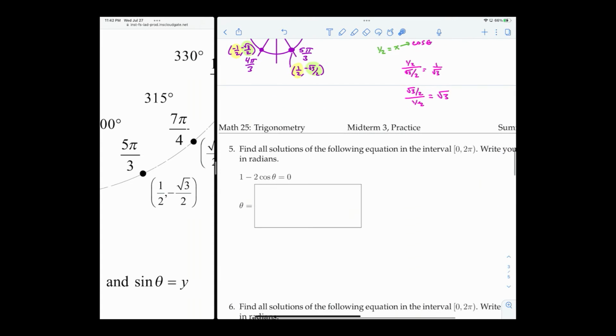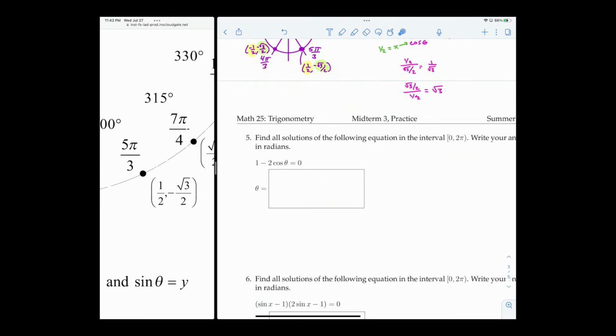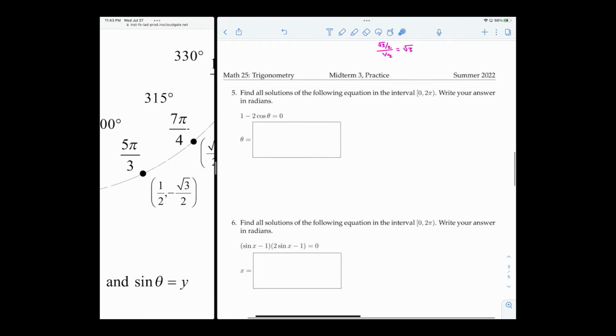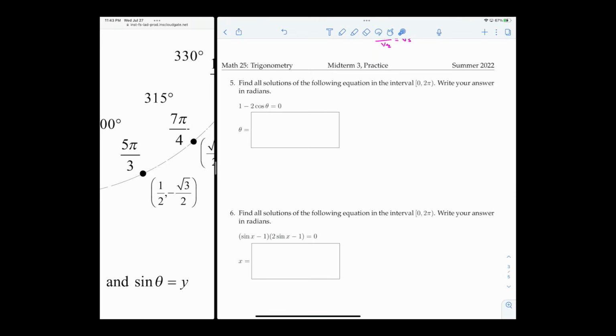Next problem. Yeah, so this will be an example of an easier version of this problem. Find all solutions in 0 to 2 pi. Write your answer in radians. So we'll redo the process we just did, but it'll just go a lot faster. You need to get the cosine by itself. So easiest way here, I'm going to add it to both sides.